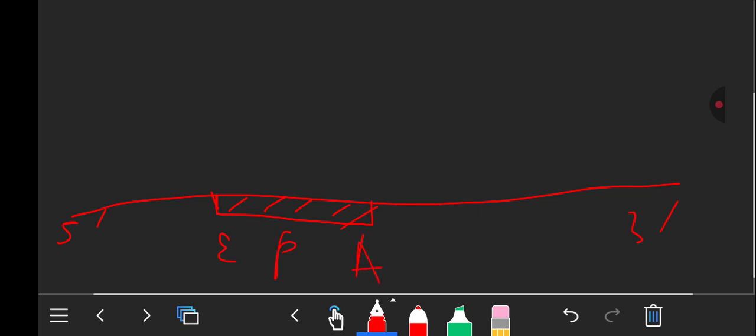So we have the 5', 3' end. We have the small subunit. We have the E site, the P site, the A site, the large subunit like that. So what is going to be happening is this. This is the A site.